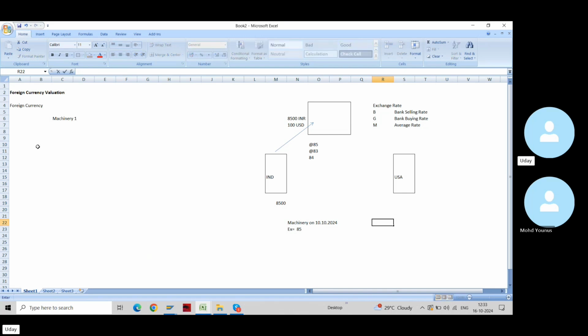Expense or machinery or purchase account, to vendor account. So what is my currency? 100 USD, right? I'll keep USD here, 100, right?